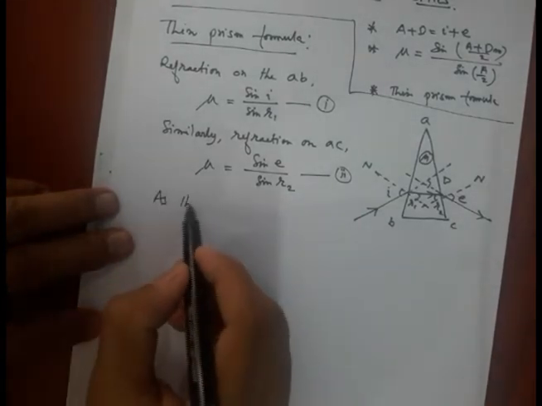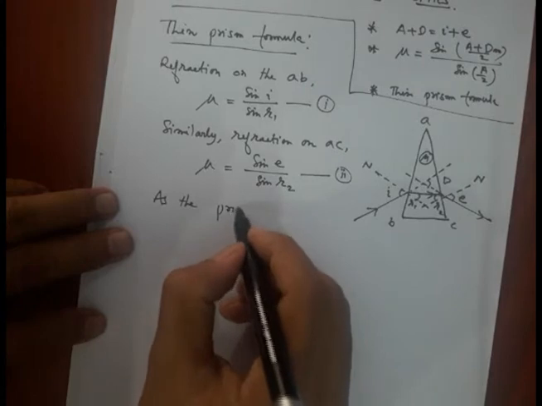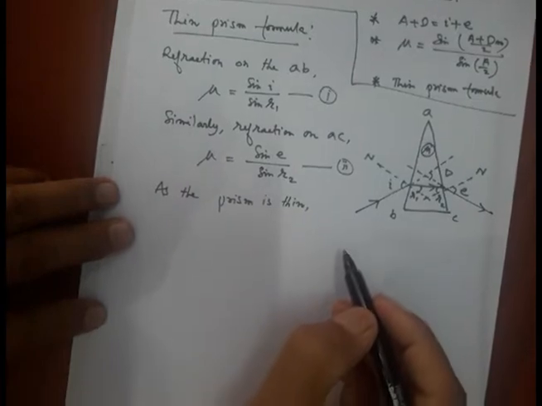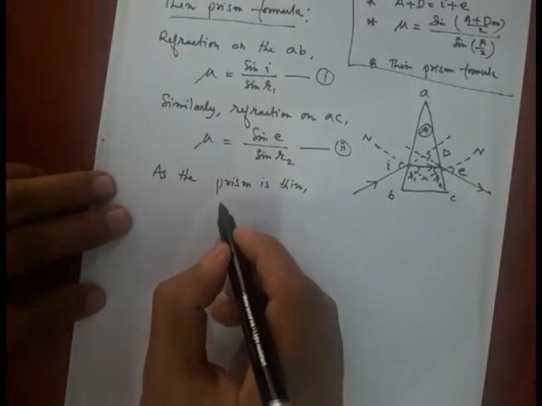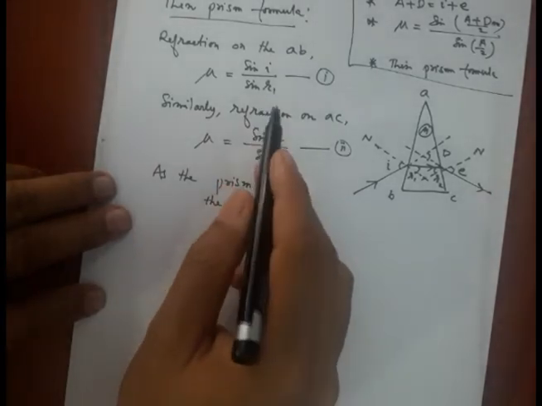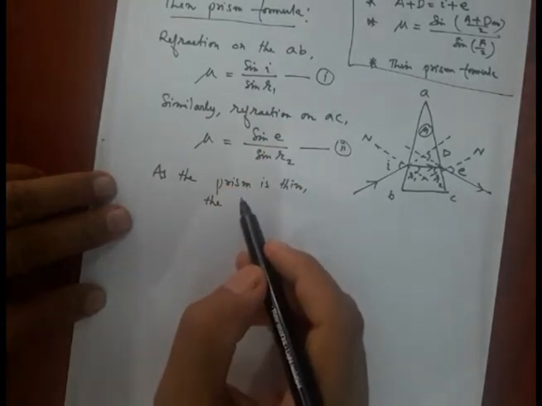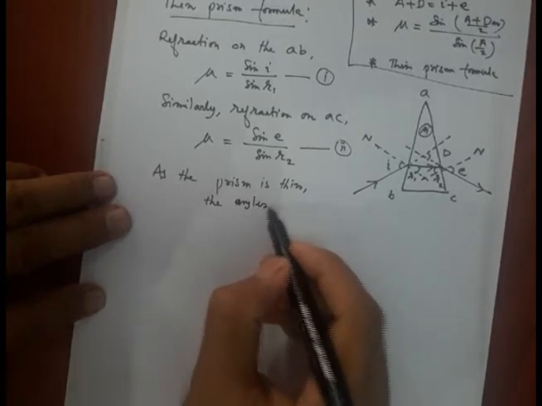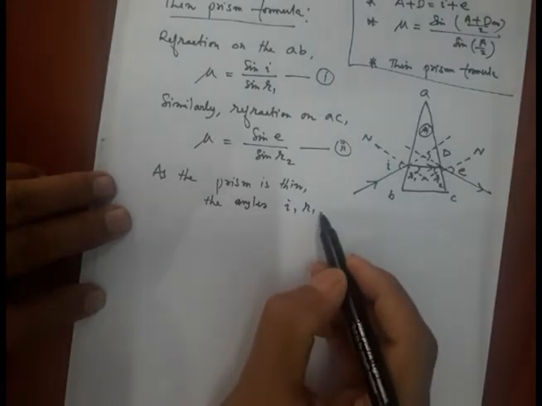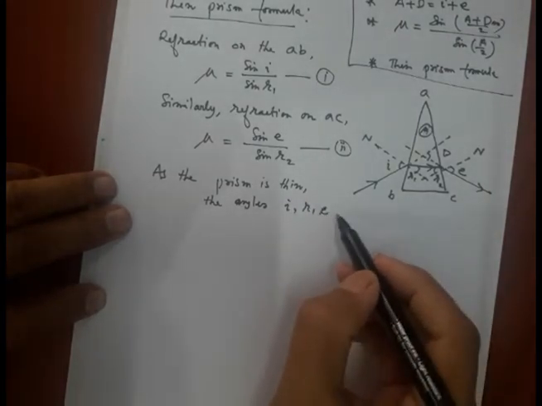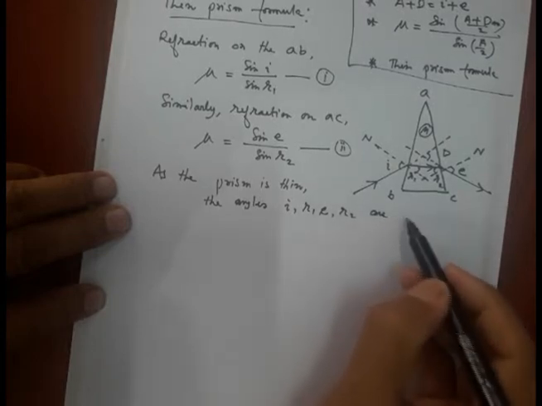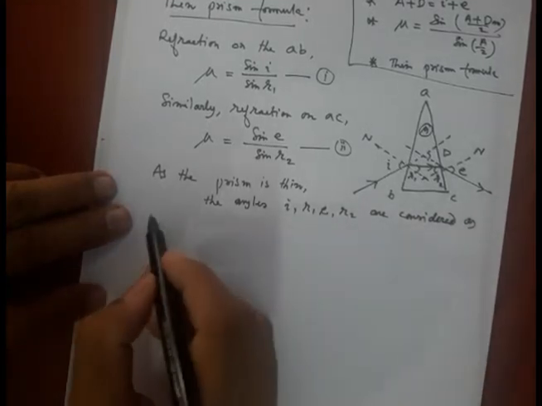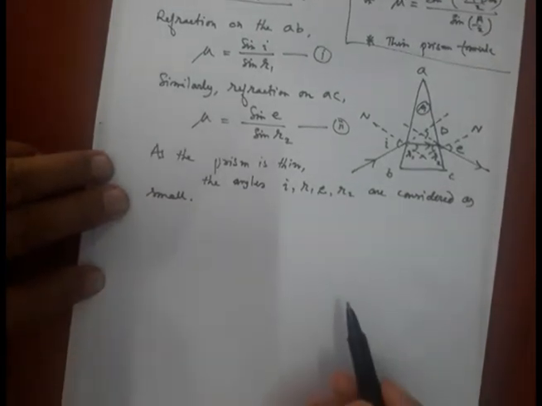And as the prism is a thin prism, all the angles like I, R1, E, even R2, are considered to be very small.